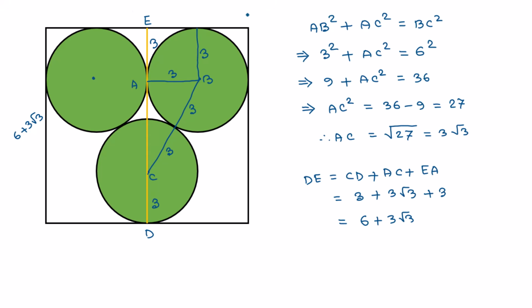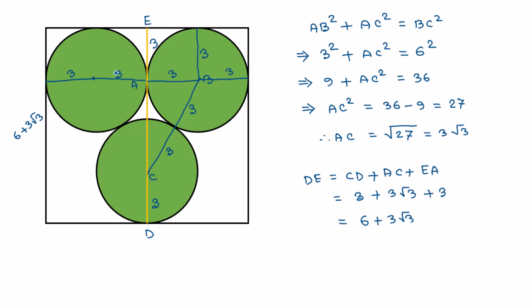And the length of this rectangle will be this and this length, and if we extend this, the total length will be the same as this total length, as this is 3 because this is the radius of the circle, and this is also 3, and this is 3, and this length will also be 3.